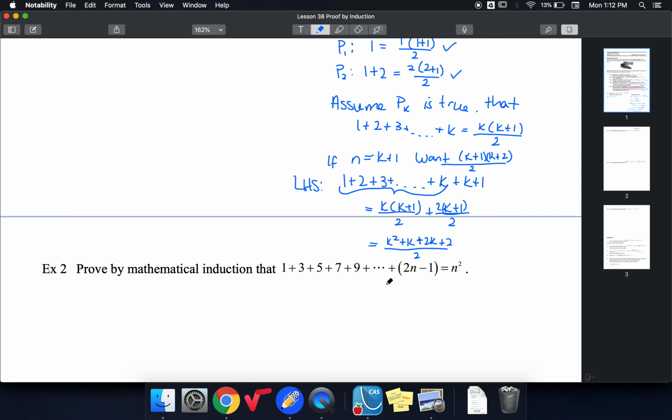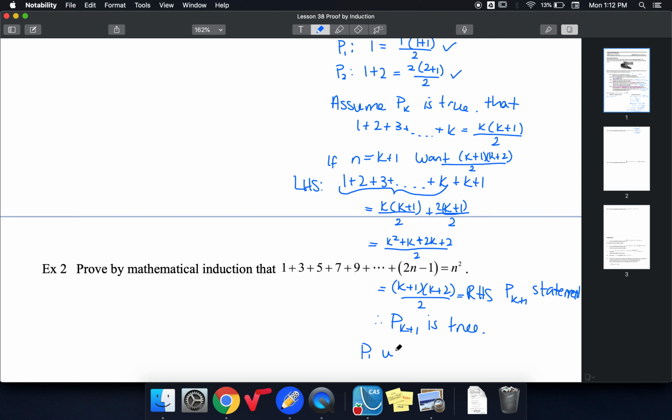That is equal to k squared plus 3k plus 2, which is k plus 1 times k plus 2 over 2, which is what we wanted. So that's now the right-hand side of the P sub k plus 1 statement. Therefore, P sub k plus 1 is true.